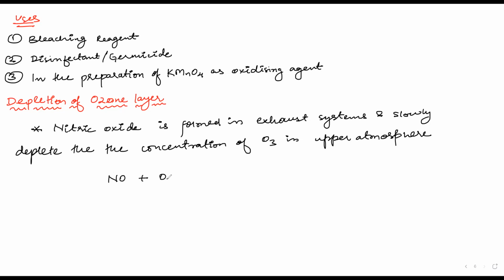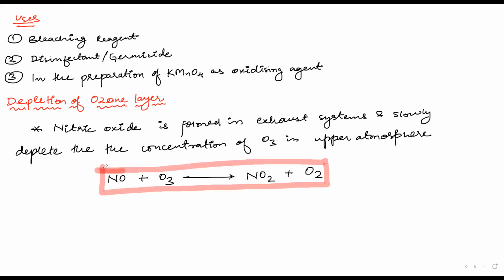NO plus O3, ozone will act as oxidizing agent, and you will get NO2 plus O2. So due to this reaction, ozone depletion is happening. Please complete writing this. Then we will start another thing. Okay, is everyone done?